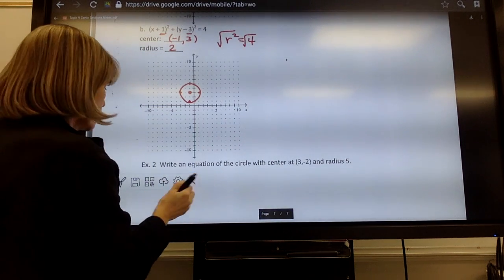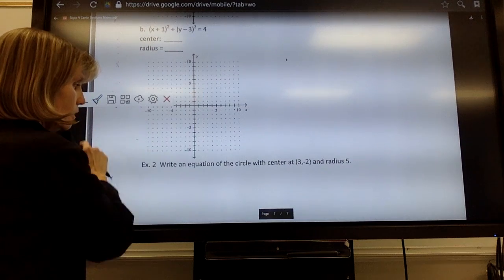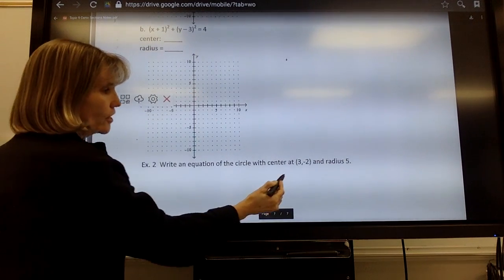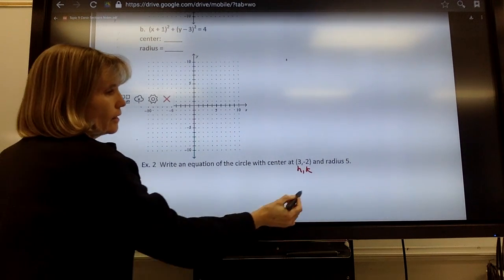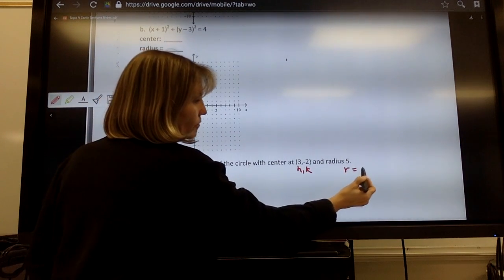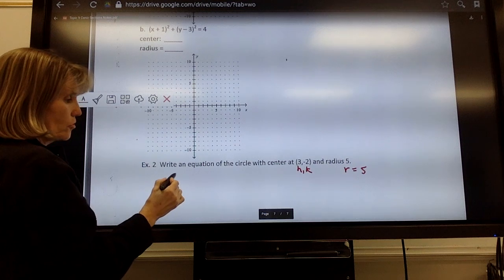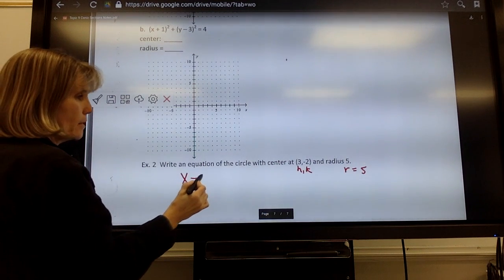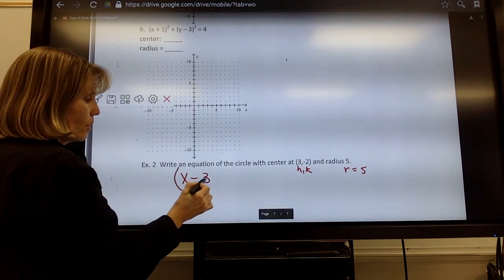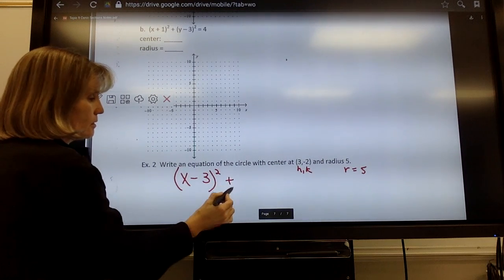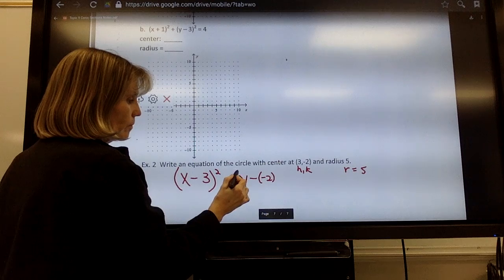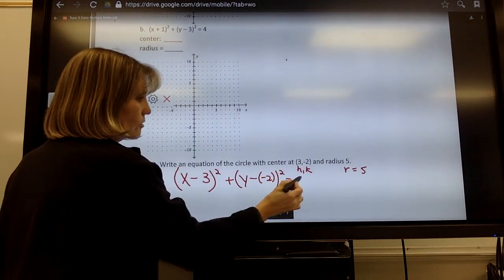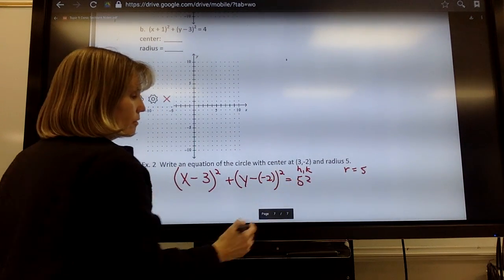Okay, that's going to ask you also to write an equation of the circle with, here's your center, this is your h and your k value, and it has a radius of 5. So there's your r value. So you're going to write your equation x minus 3 quantity squared plus, you're going to say y minus a negative 2, and we're going to square that, equals my radius squared.